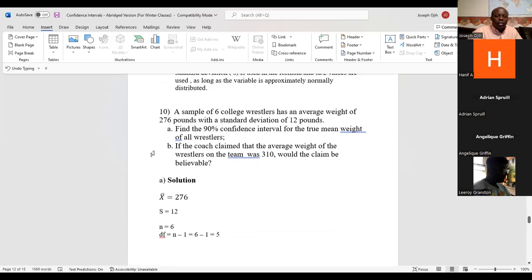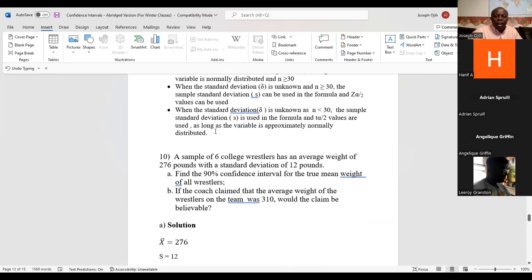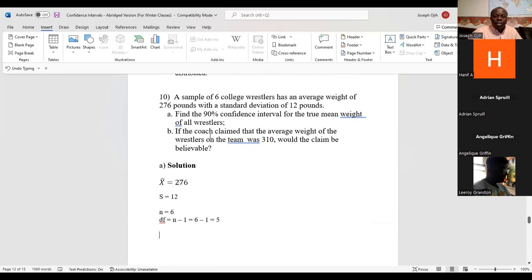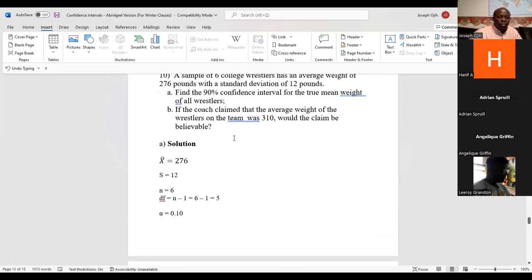And it says 90% confidence interval, which means that our alpha will be 10%, because if it's 90%, that means our chance of being wrong is 10%. So our alpha will be 10%, which is 0.10. So now we look for the critical value, T alpha over 2.